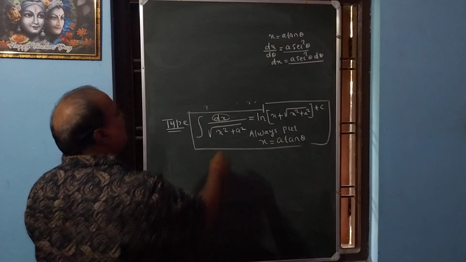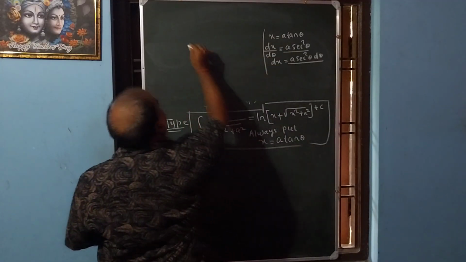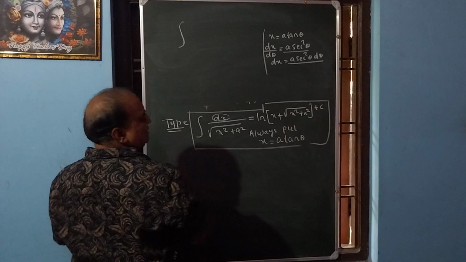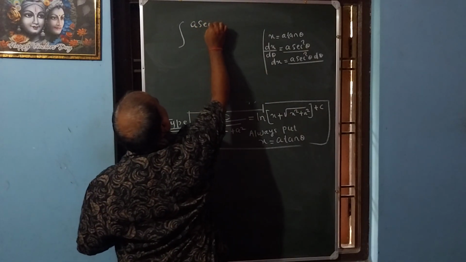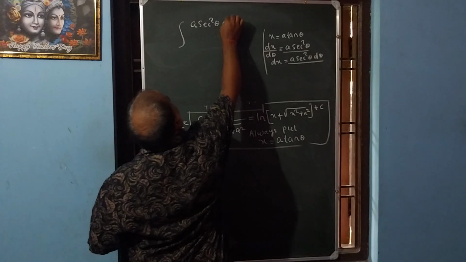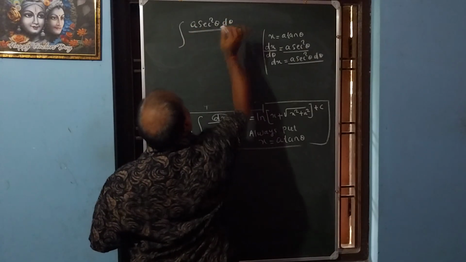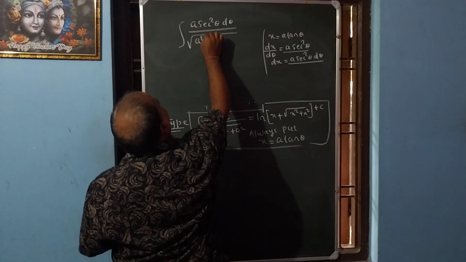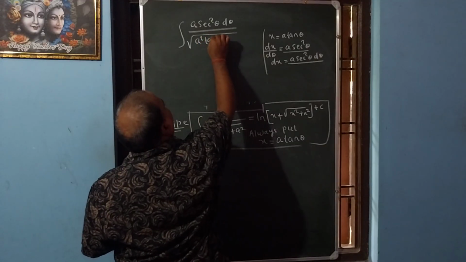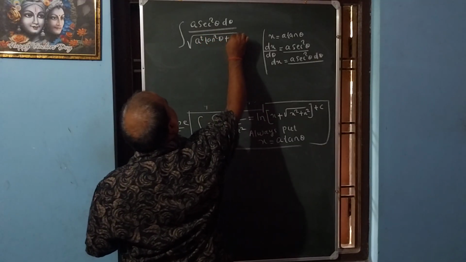So the integral becomes a sec square theta d theta divided by root over a square tan square theta plus a square.